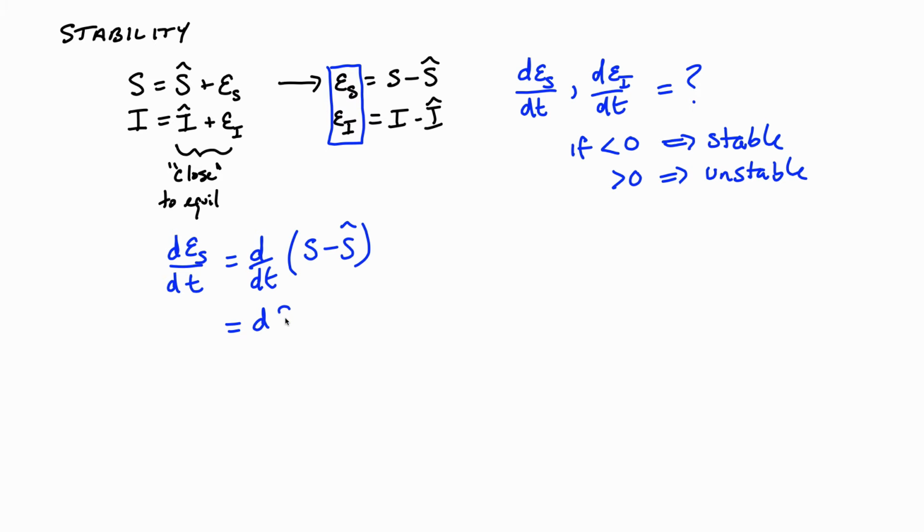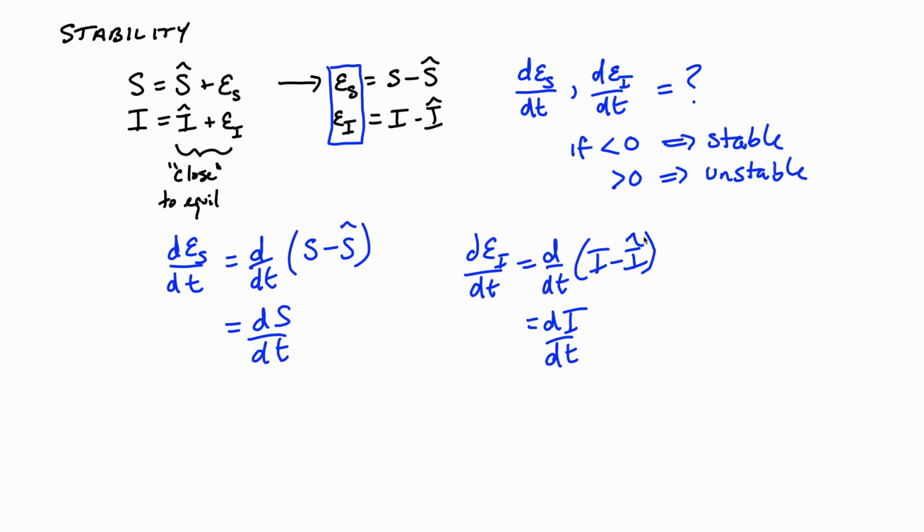So this is actually just ds by dt. So we can use our original equation for ds by dt to tell us about how this little error is going to change. And that means the other one, d epsilon I by dt, is d by dt of I minus I hat, which is just dI by dt, because d I hat at the equilibrium point is going to be 0.